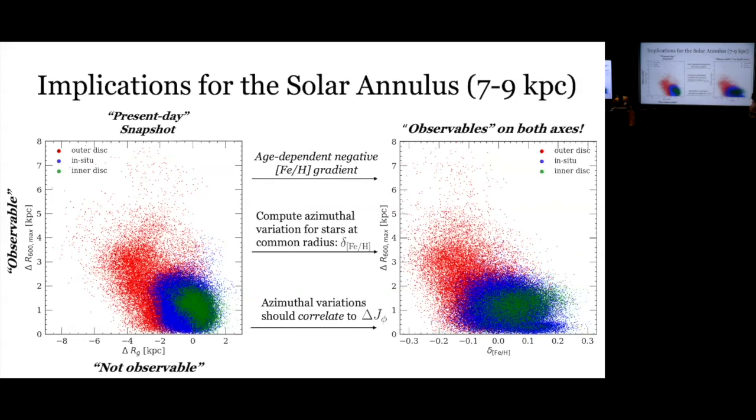So if you're looking in this region of the space, the inward migrators occupy a unique region where they could be distinguishable from the outward migrators or the in situ stars, and it seems to have a correlation there as well.